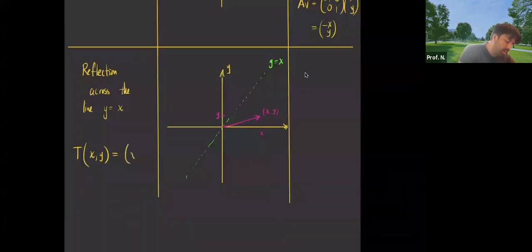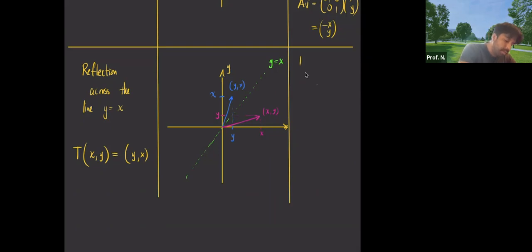You swap the x's and the y's. So you'd have something up here. So this is my y, that was the second value, now is my x, and then my x, that was the first value, is now my y value. Now, what does that look like as a matrix?